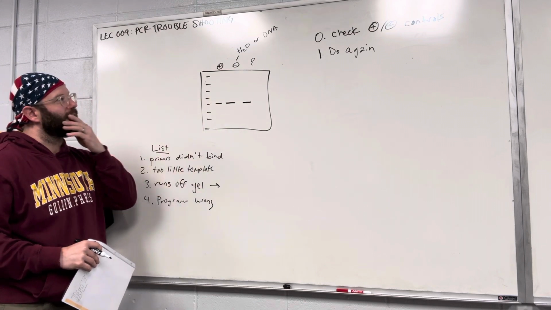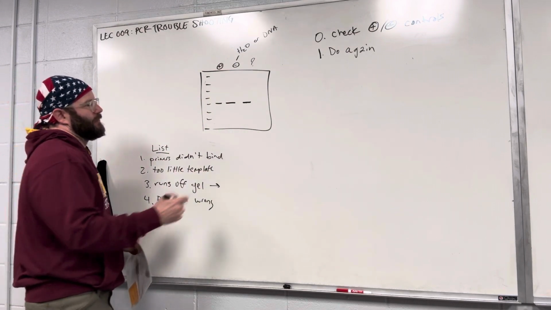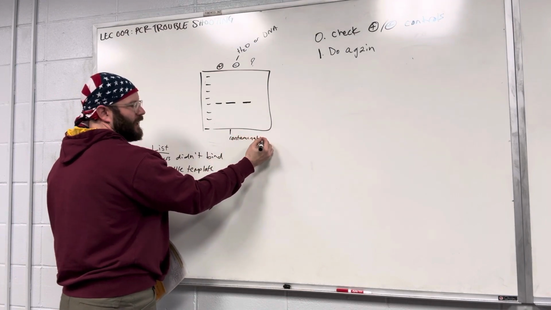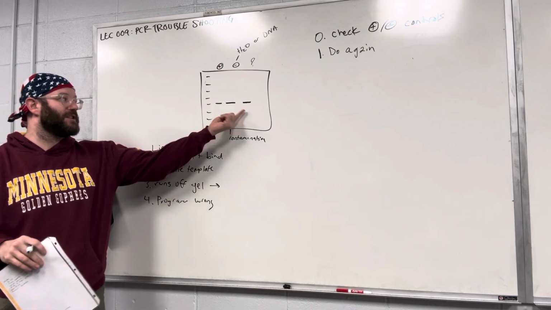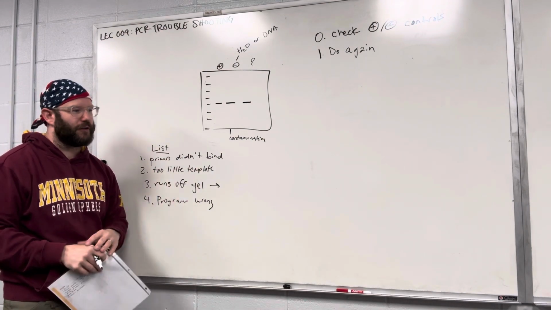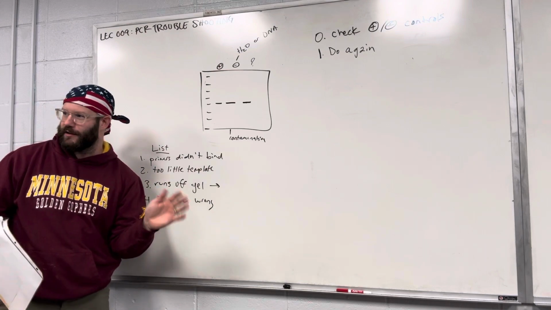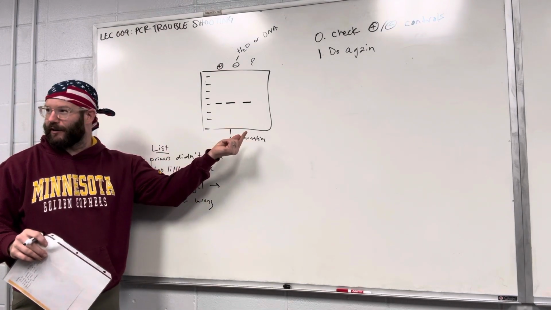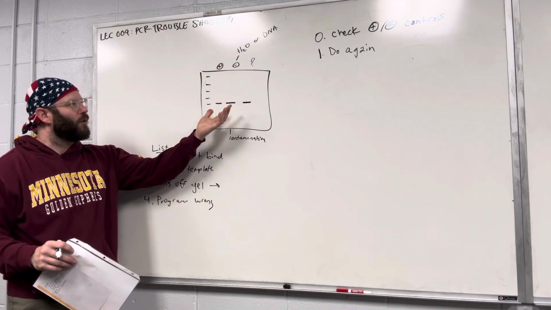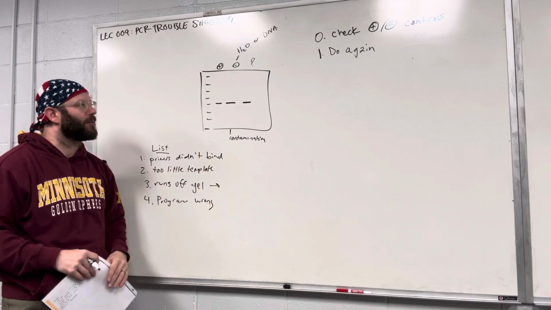So the negative control tells you about contamination. This is a common problem in PCR: you're working in a lab, your PCRs are working, and then all of a sudden everything you do is becoming positive. You're getting PCR bands in every PCR you do. What does that suggest? What's probably contaminated?